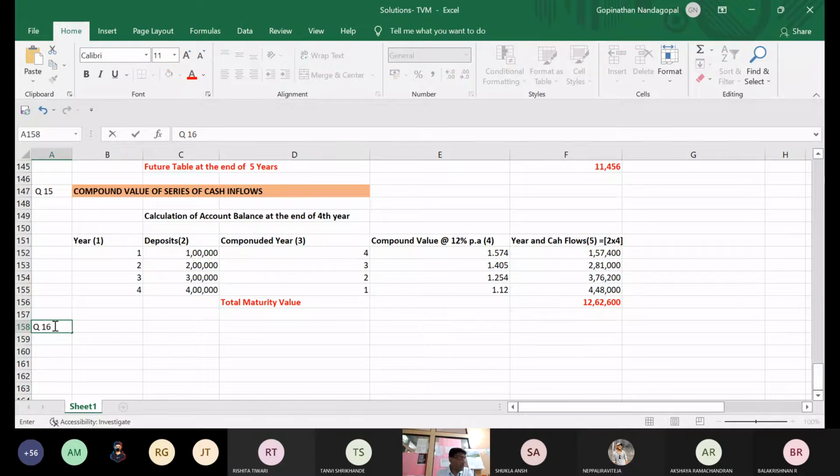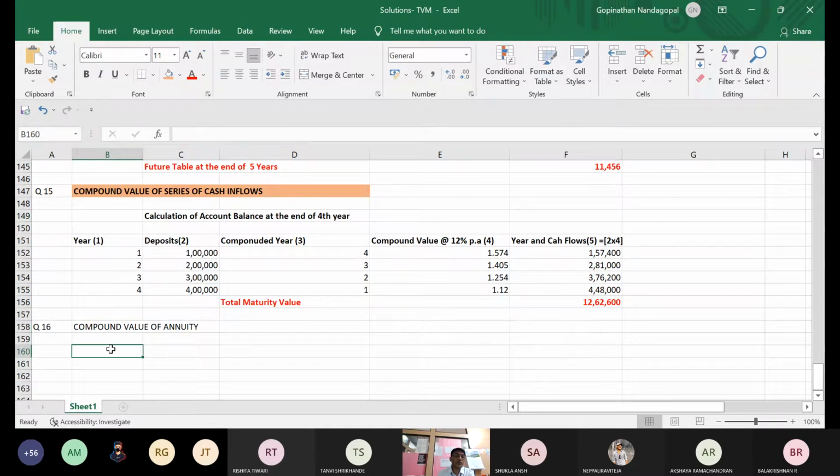So we give the heading as compound value of annuity. You should have studied mathematics, but it's my job to teach. So now I'll just see the problem. We'll take computation of maturity value of an annuity.